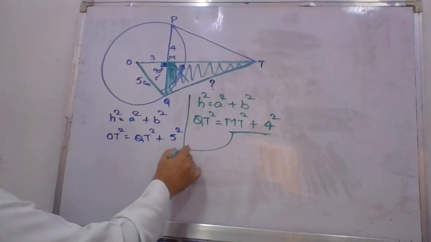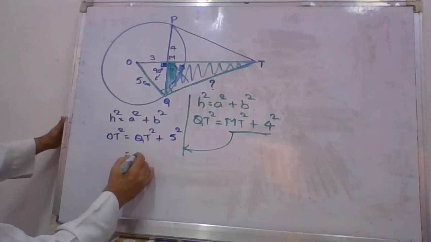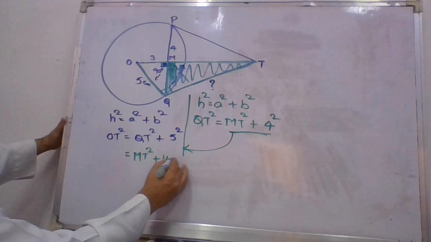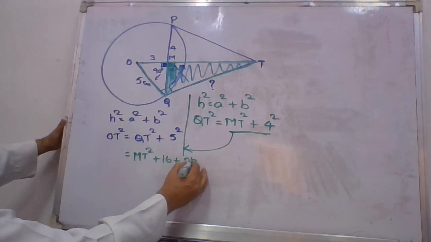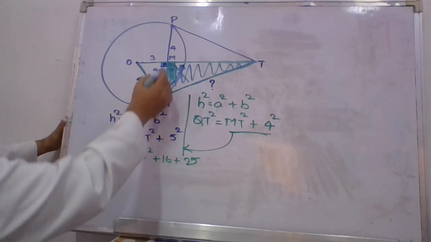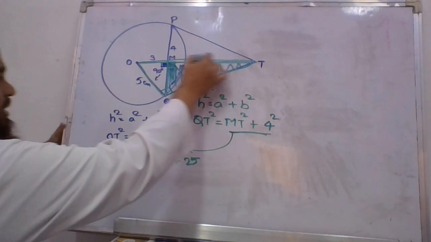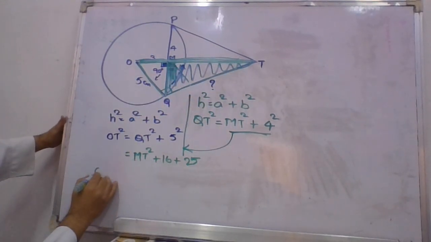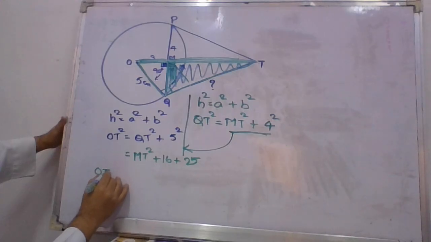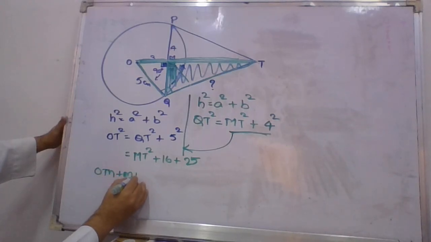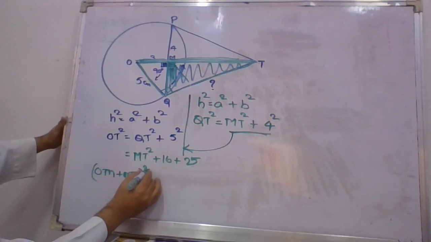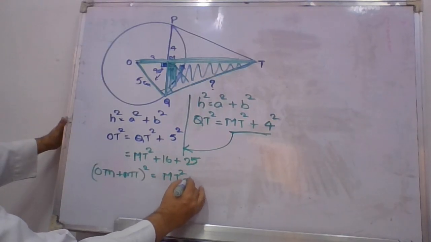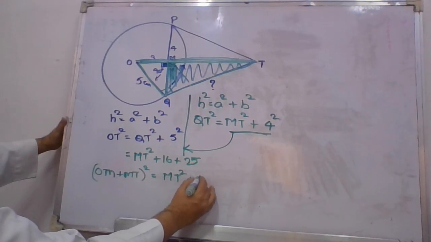Let me substitute in this equation. So what will happen? In place of QT square, MT square plus 16 plus 5 square is 25. Okay, and OT is the bigger line, right? Can I take it as OM plus MT? So OT is equal to OM plus MT whole square is equal to, on the right hand side it will be 16 plus 25 will be 41.